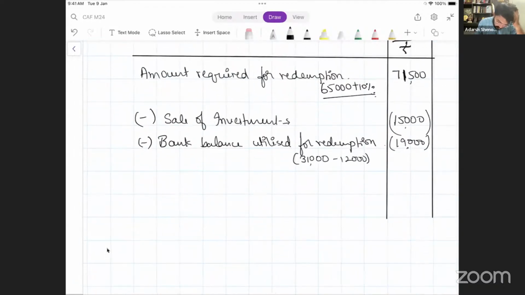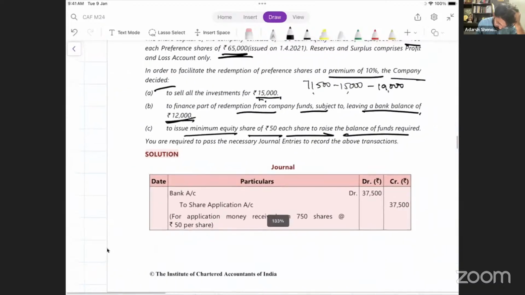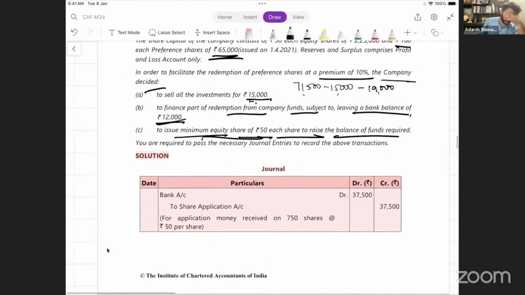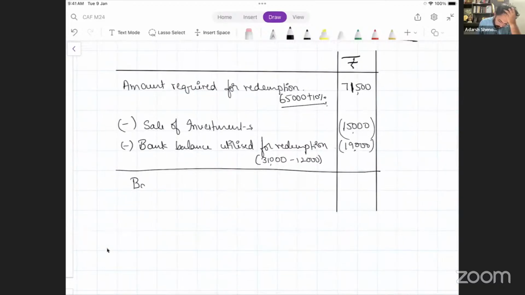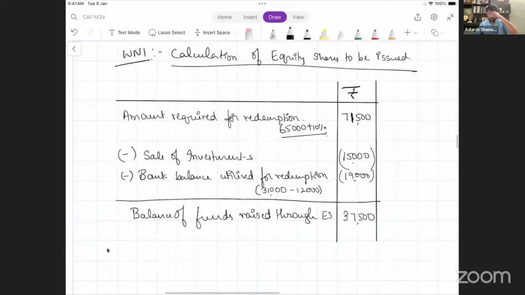That is all we have. The rest has to come from equity shares. So they have to issue minimum equity shares to raise the balance of funds required through equity shares. 37,500. Done. That's all.